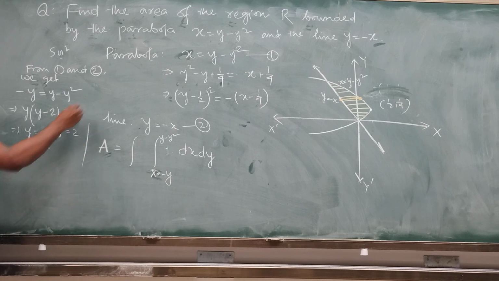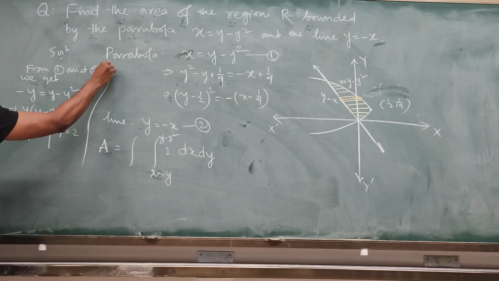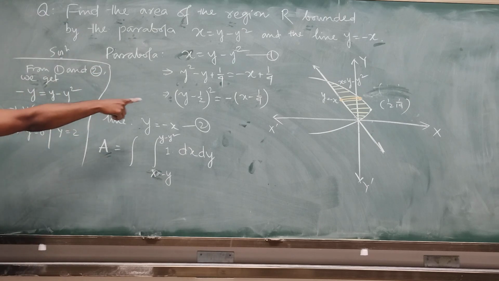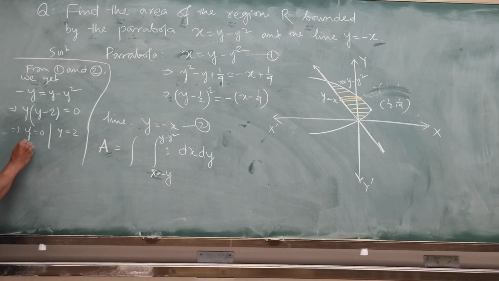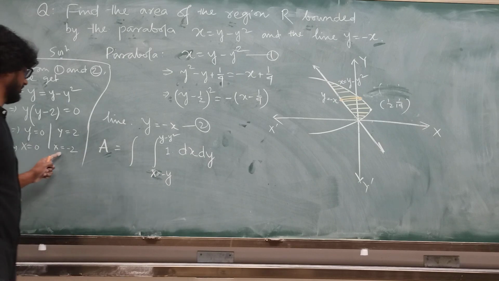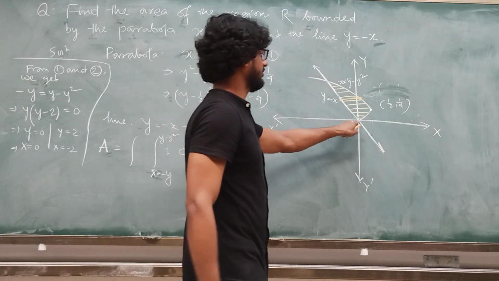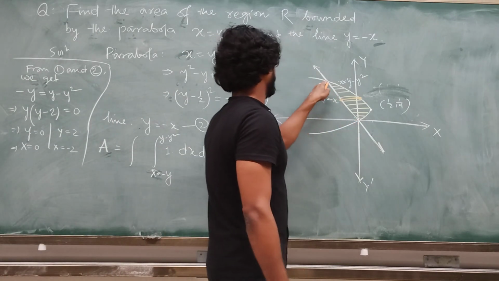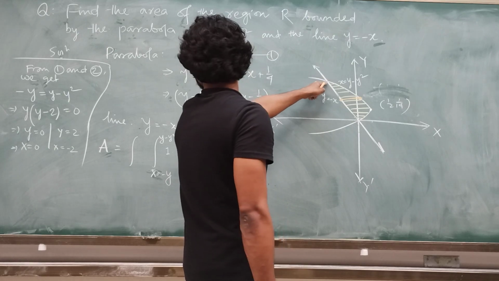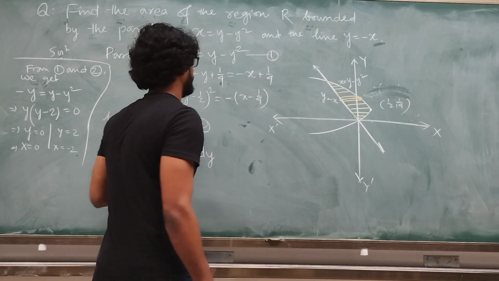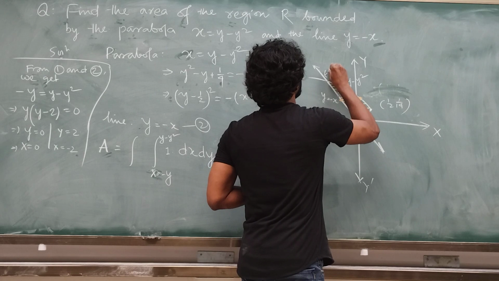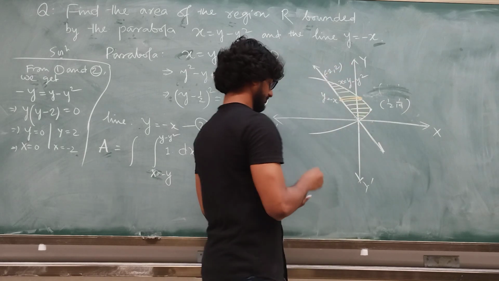If y equals 0, then x is also 0. If y equals 2, then x equals minus 2. So 0, 0 is one point of intersection. Another point of intersection is minus 2, 2. This point is nothing but minus 2, 2.